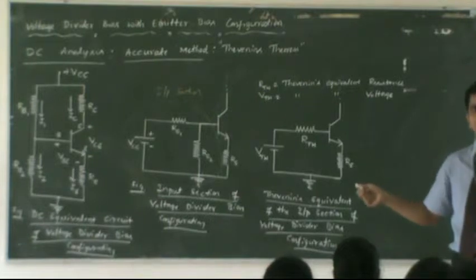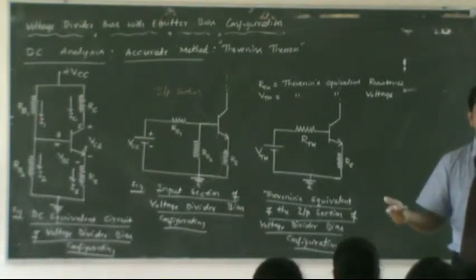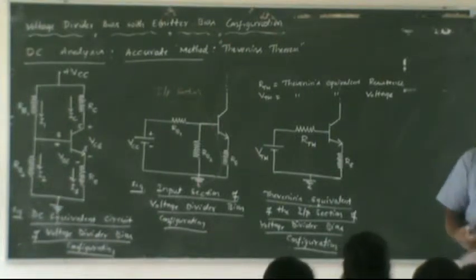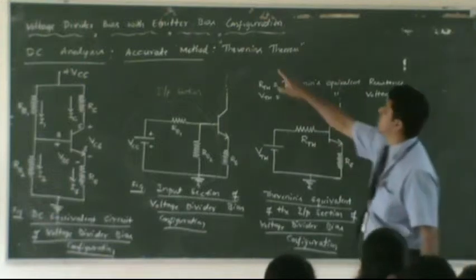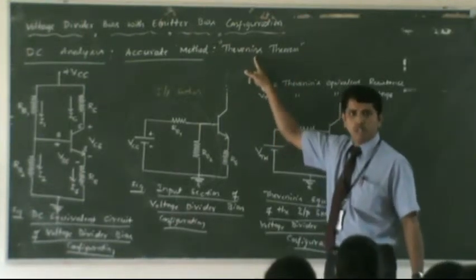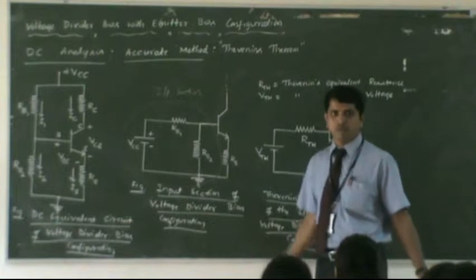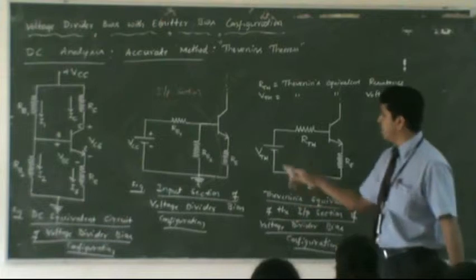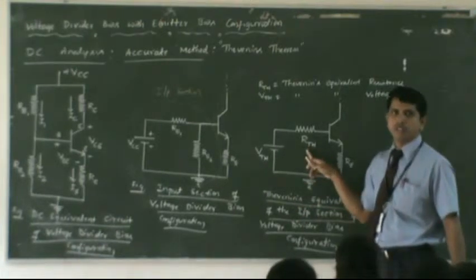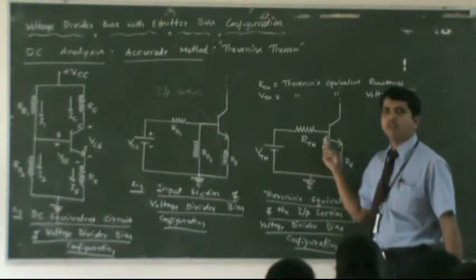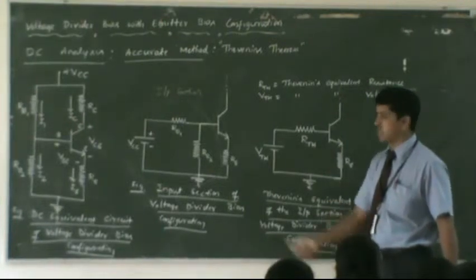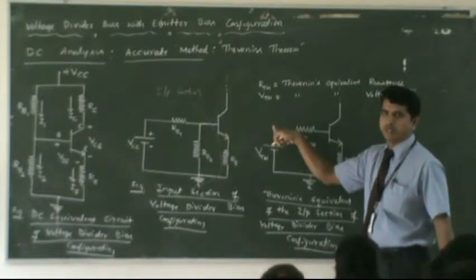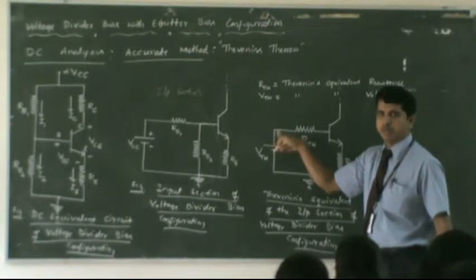Solving 10 equations, you know the complexity. It's very difficult. So the best approach is Thevenin's theorem, which simplifies any number of loops to just one voltage source and one resistance in series with it.